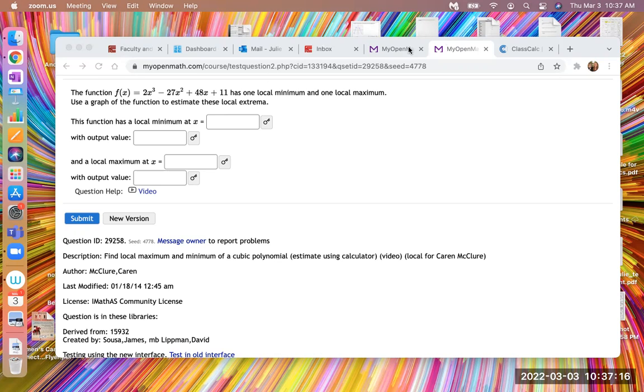I just explained what a local minimum and a local maximum are. Let's say I have an equation that goes up and goes down, like a cubic.